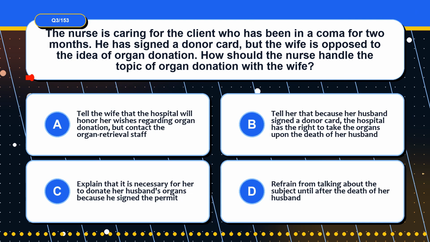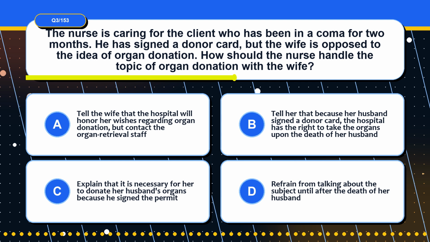Question 3. The nurse is caring for the client who has been in a coma for 2 months. He has signed a donor card, but the wife is opposed to the idea of organ donation. How should the nurse handle the topic of organ donation with the wife? Here are the options. Option A. Tell the wife that the hospital will honor her wishes regarding organ donation, but contact the organ retrieval staff.